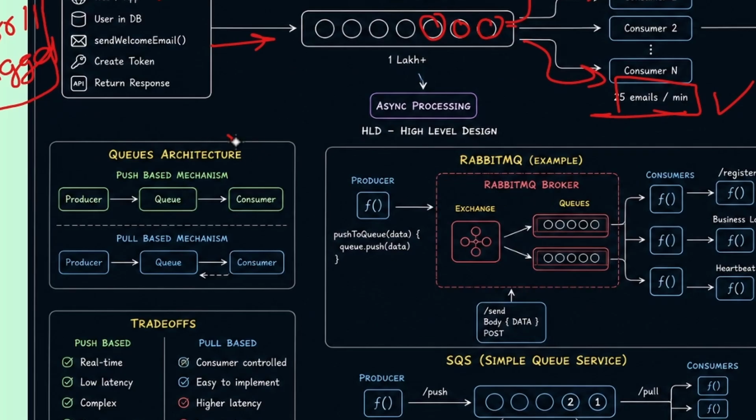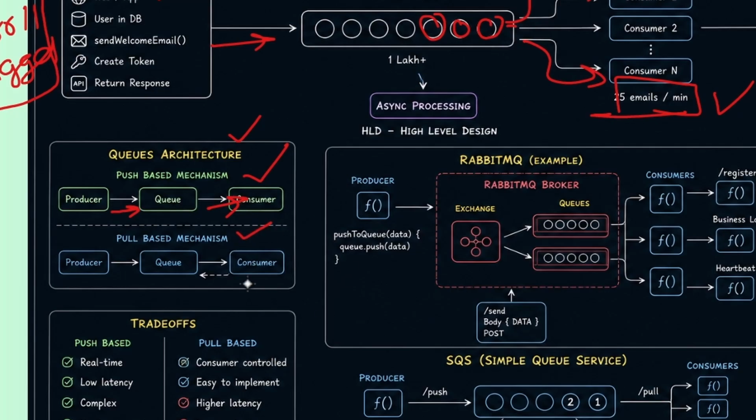If you look at the whole queue architecture picture, consider the push based mechanism. What is meant by push based? Whenever the producer creates something, the queue takes it and directly throws it on the consumer. You push, it takes. Then what is the pull based mechanism?